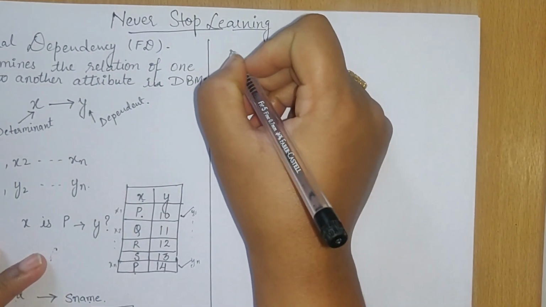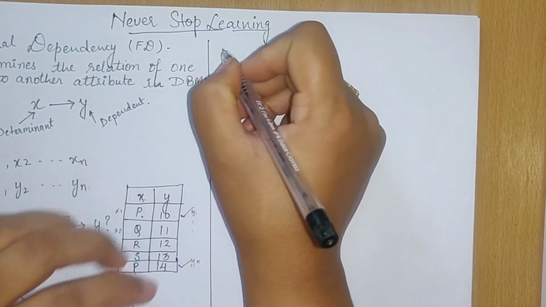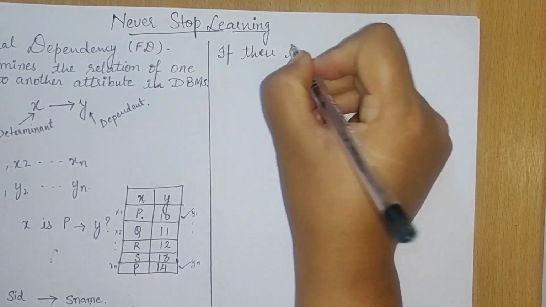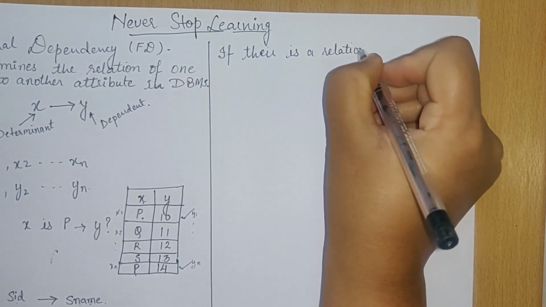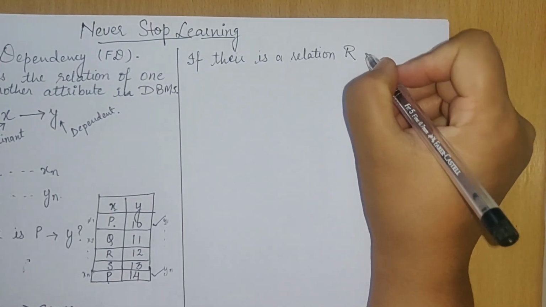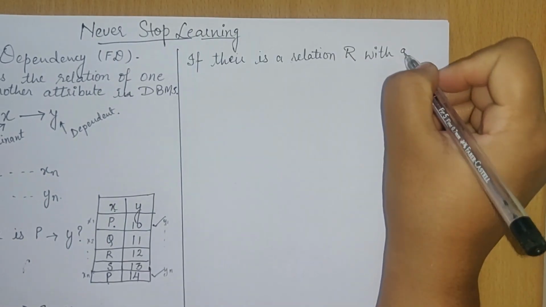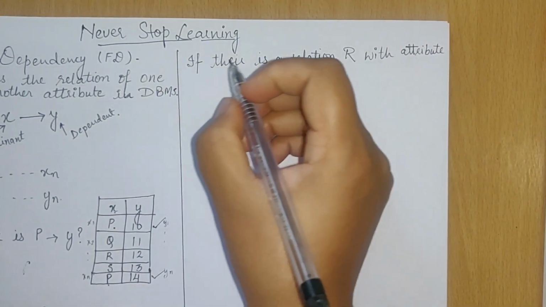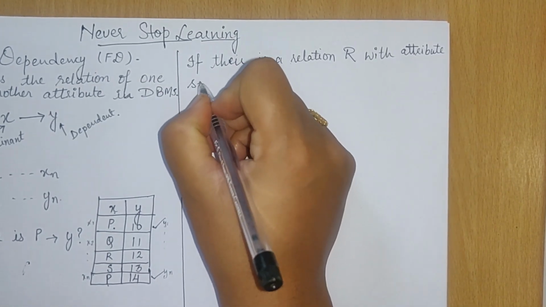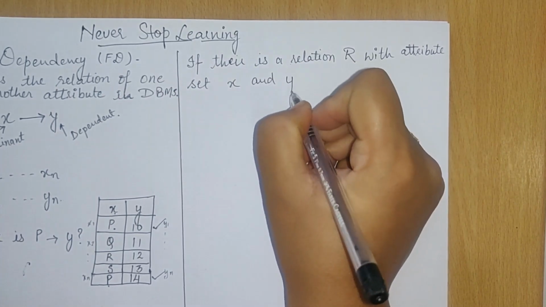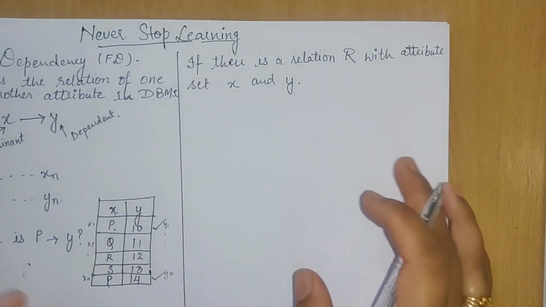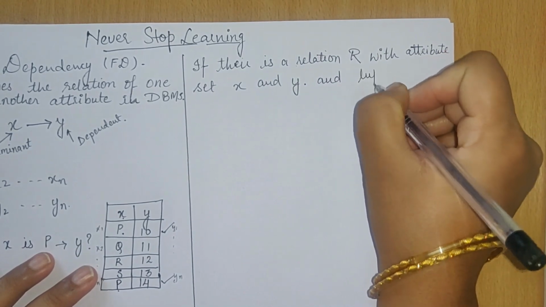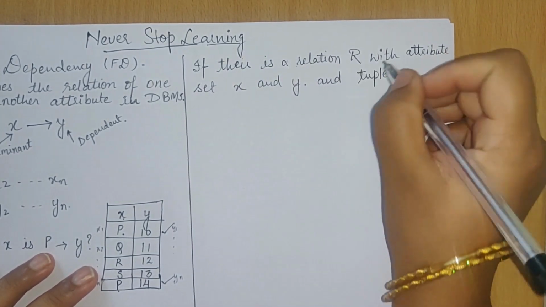The definition of functional dependency says: if there is a relation R with attribute sets X and Y, and tuples, what tuples is it saying?